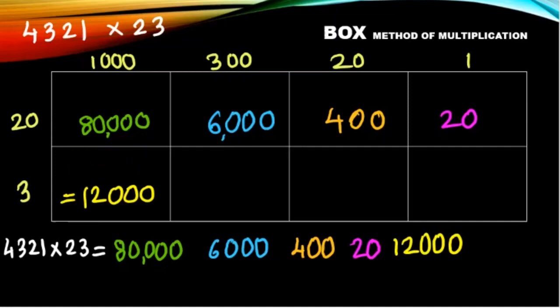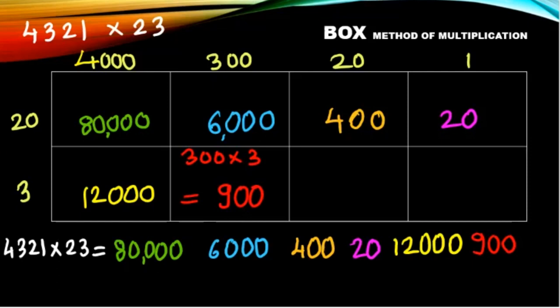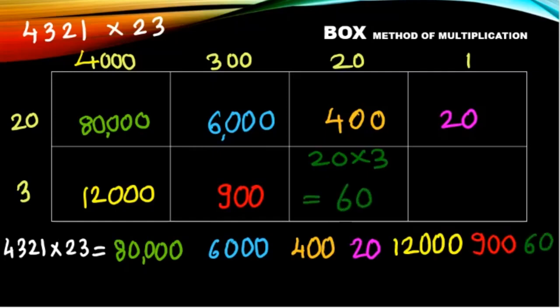Then next rectangle we got 300 into 3, that is 900, and we have to write down it again down. Now next rectangle we are having the multiplication 20 into 3 and the product is 60.